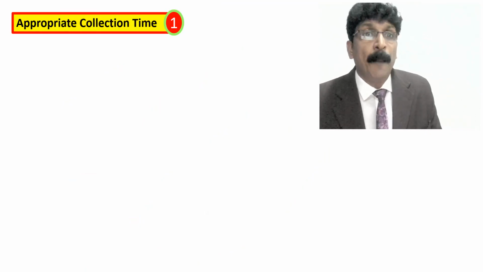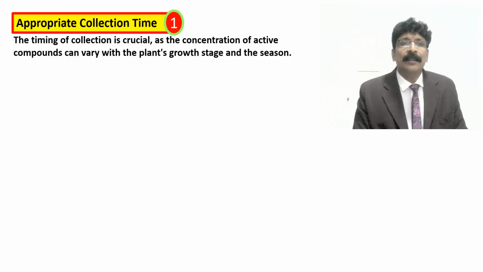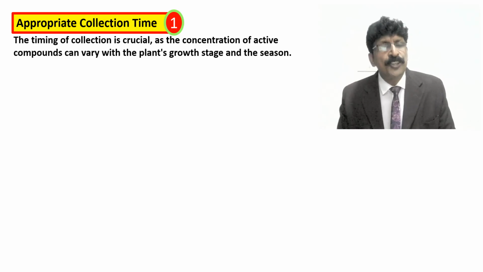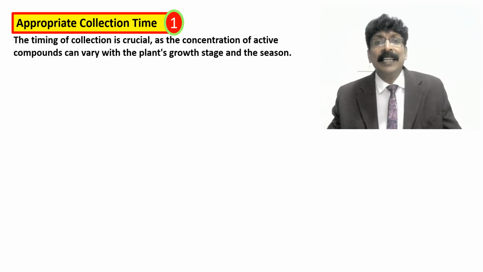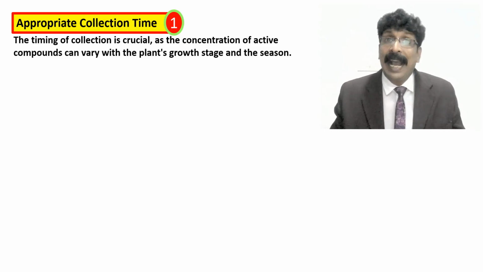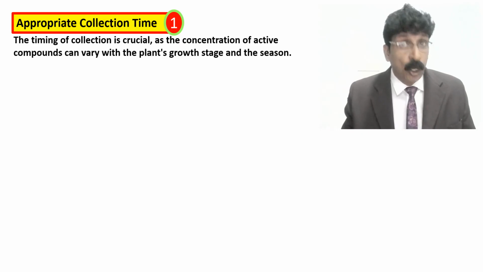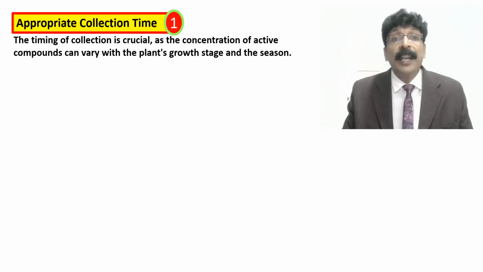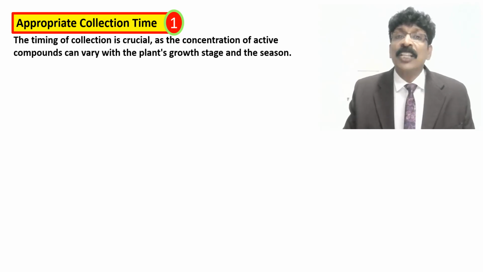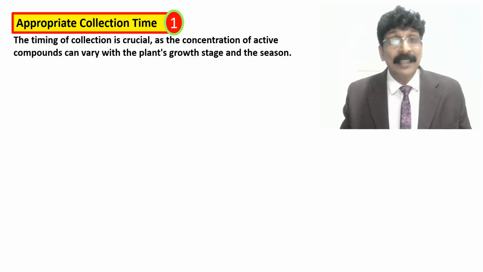When you want to explain number 1, appropriate collection time, the time of collection is crucial as the concentration of the active components or compounds can vary with the plant's growth stage and the season.